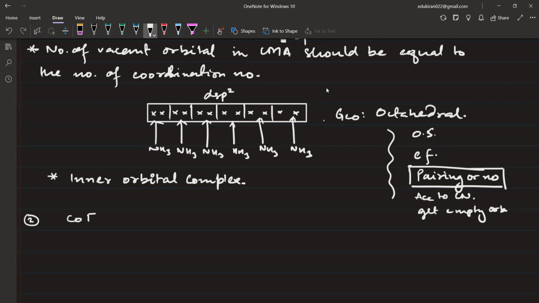Cobalt F6, 3 negative. Start with the oxidation state. If you can find, please send on chat.